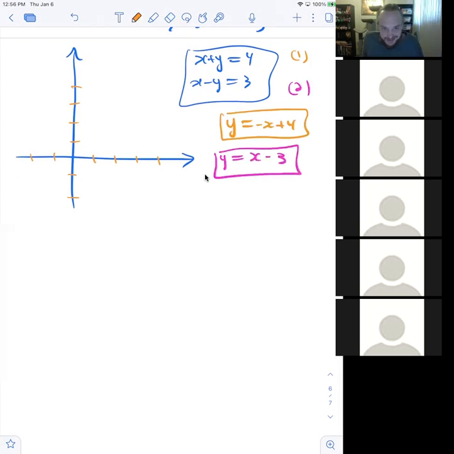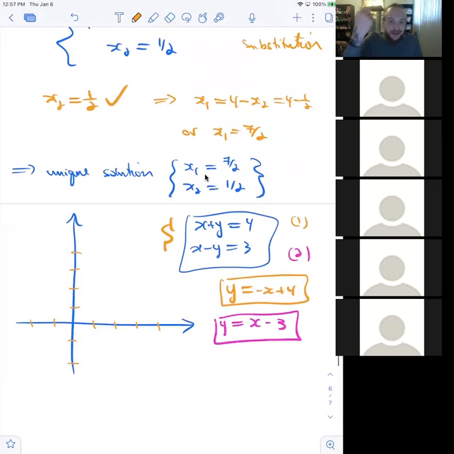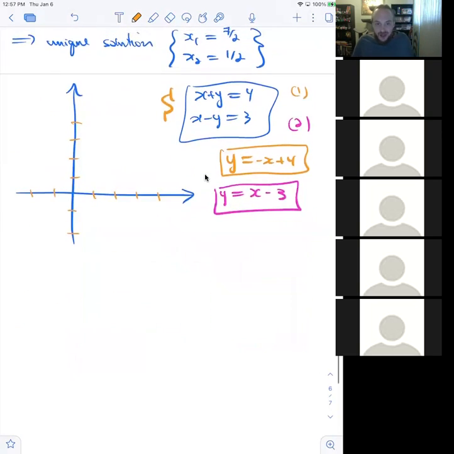As the system S, you can view this as two lines, and we're saying find all the points in the plane that are on both of these lines, and there's only one point, their point of intersection. So now let's draw both of those lines, and it will be right where we should expect it, when x is 7/2 and y is 1/2, right there.